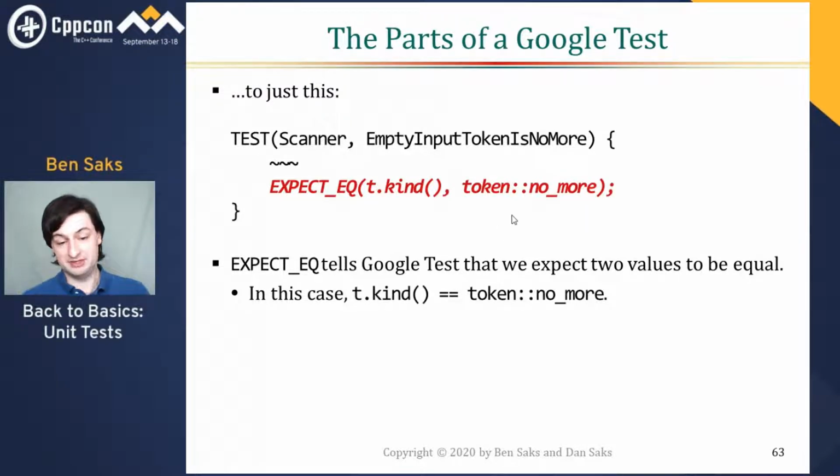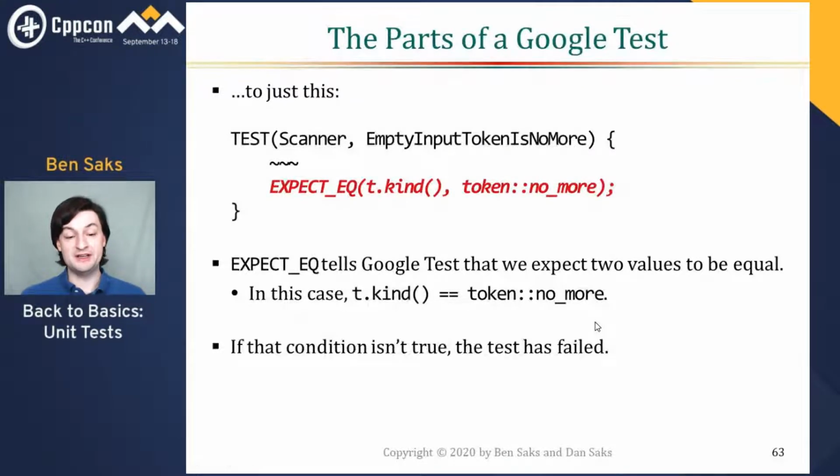In this case, it's testing that t.kind is equal to Token::NoMore. And what this means is if that condition isn't true, Google Test knows that the test has failed, and it should report failure when it prints out the output of the test.